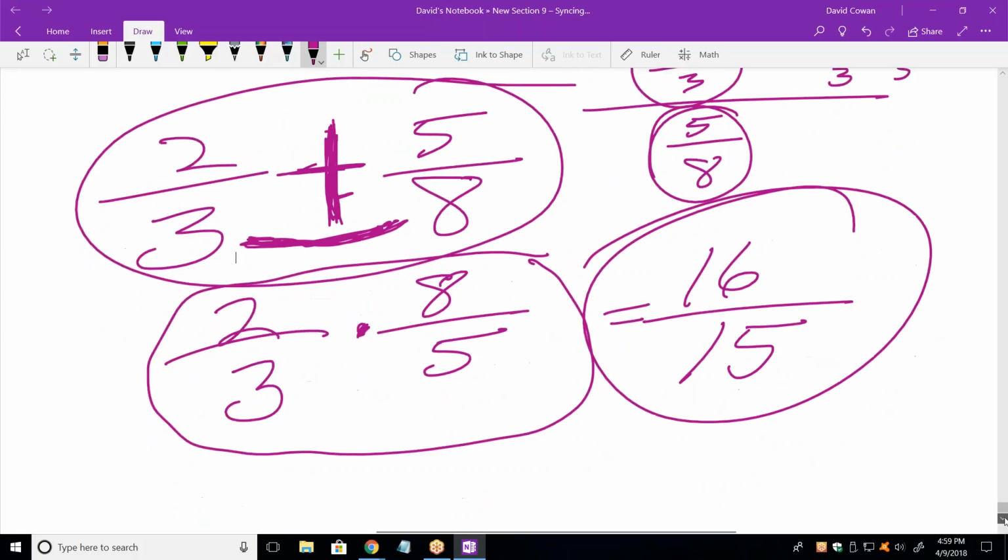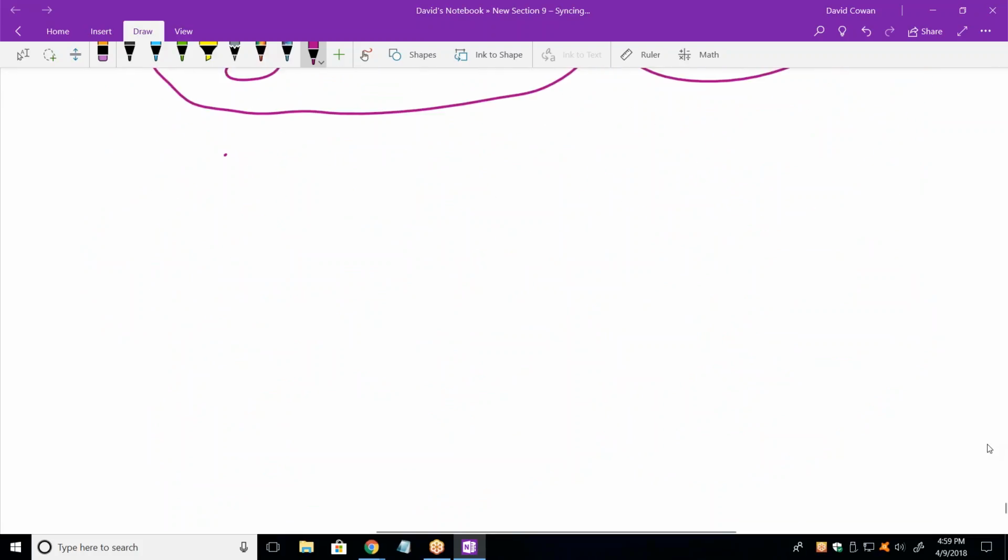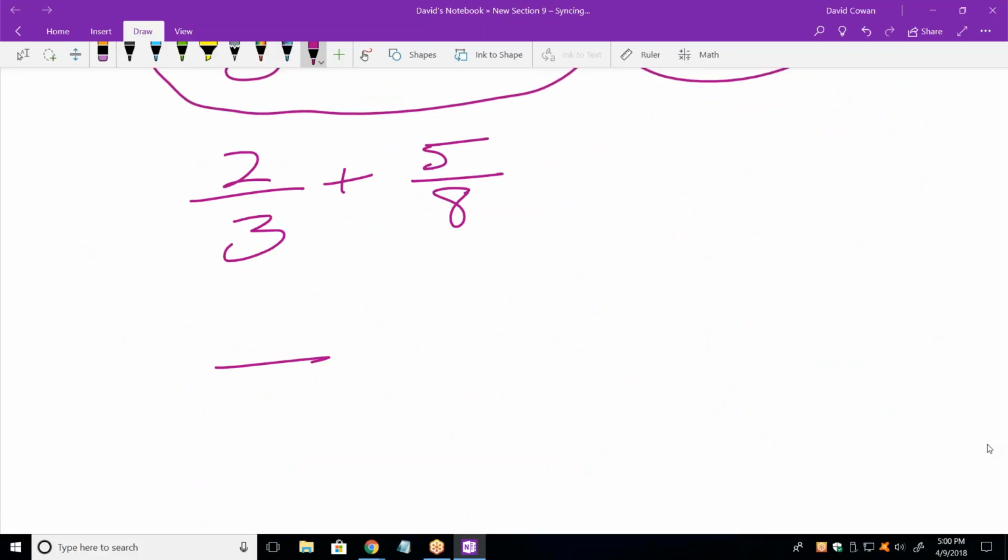Let's do 2/3 plus 5/8. And I always want you to do it this way. And by this way, I mean draw your two fractions down there, find your common denominator first, and go from there. Now, what's that?